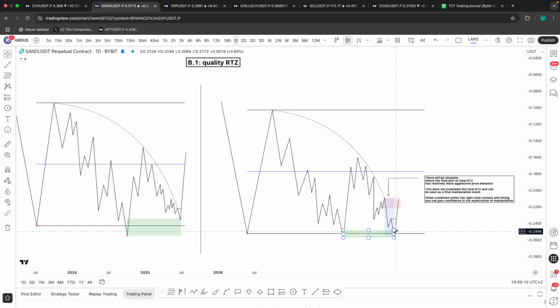When you're counter context, you want everything to be even more perfect than if you are pro context. So when you're counter context, an explosive move can kind of invalidate the model.